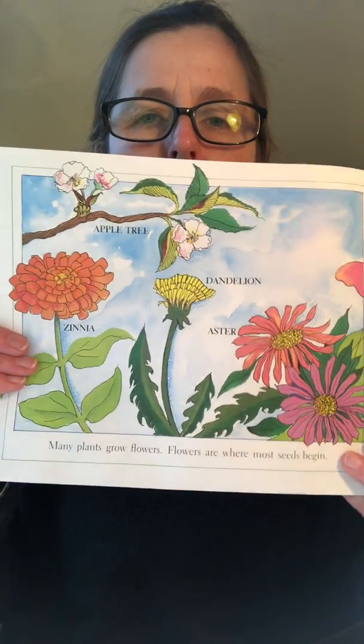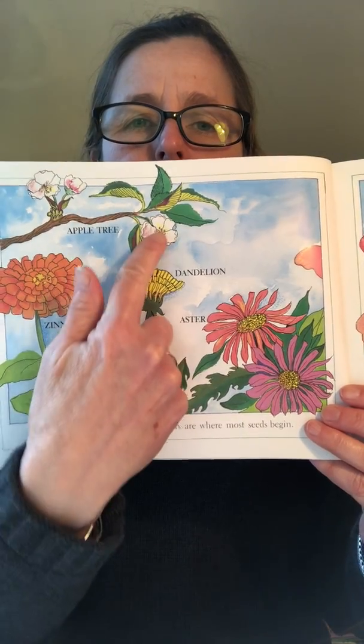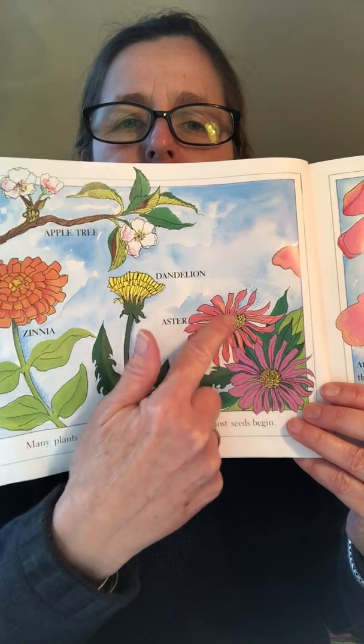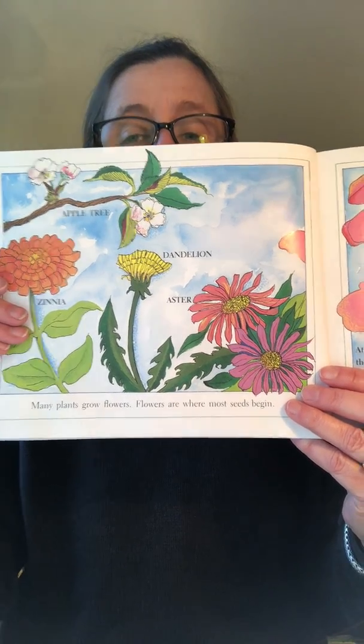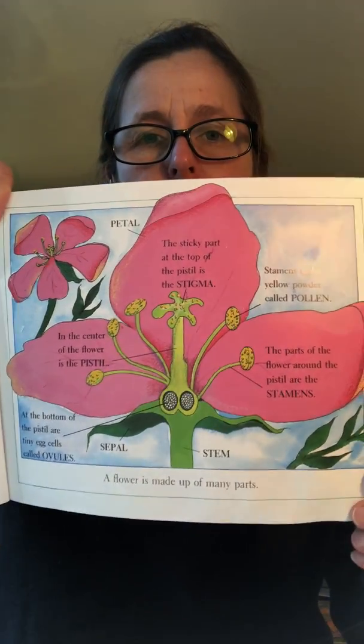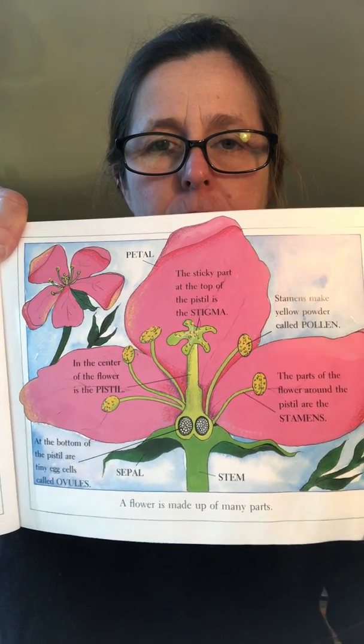Many plants grow flowers. Flowers are where most seeds begin. And we've talked about that at school, that usually seeds are going to be made at the place of the plant where the flowers appear. And that's usually where your fruit is going to appear too. A flower is made up of many parts. Now this, I'm just going to hold this up for you and let you see all those different parts.